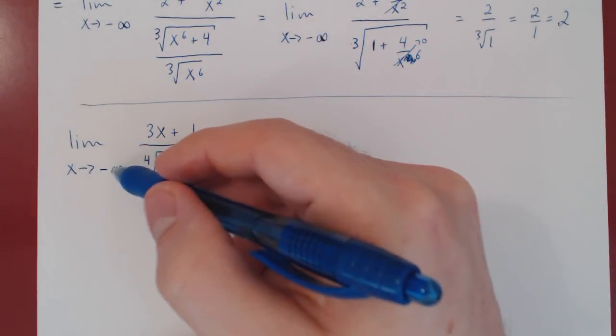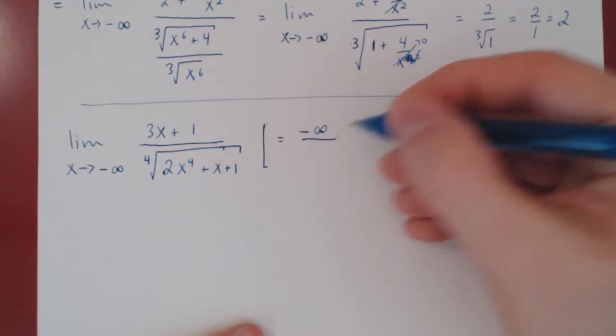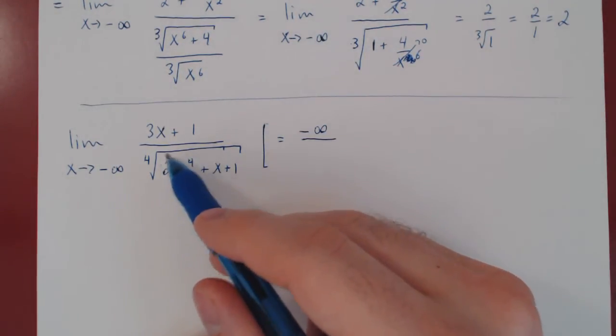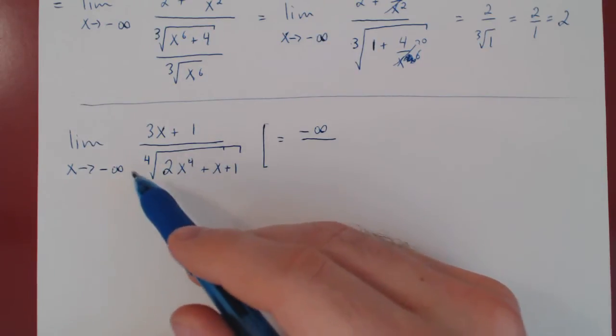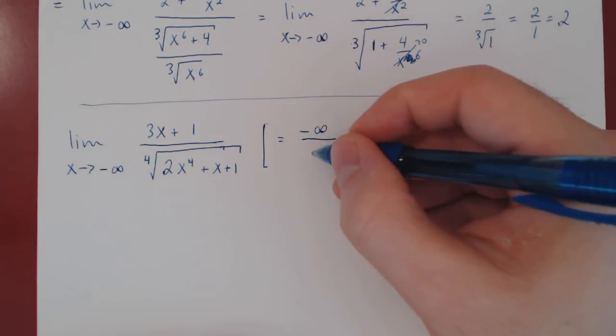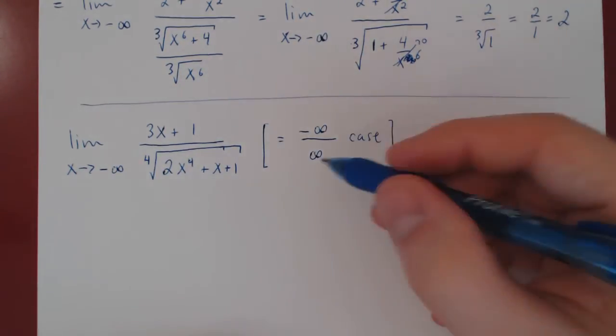As x goes to negative infinity, 3x goes to negative infinity as well, over, look inside the 4th root, the dominant term is x to the 4, which goes to positive infinity. 4th root of that will be positive infinity as well. So we have a negative over positive infinity.